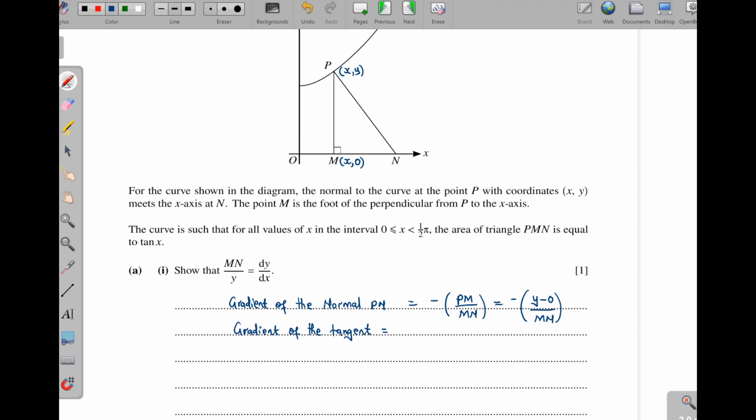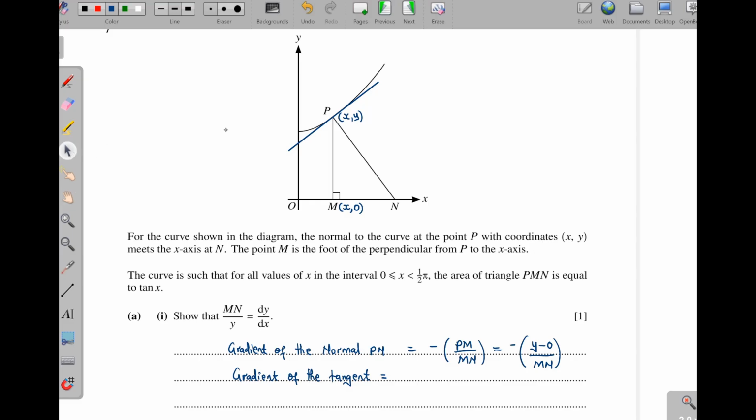Now you know that these two are perpendicular. So I can say this is the tangent, then this is the normal.